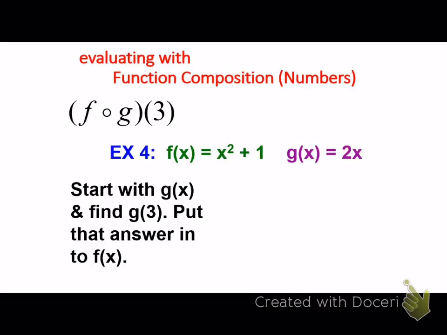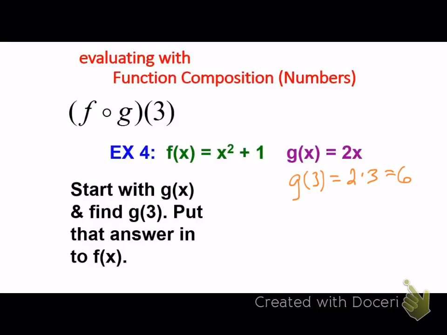So in this case, I'm putting the g into the f. I'm just going to go ahead and do g of 3. So if I do g of 3, that would give me 2 times 3, which is 6. And then remember what we just did in the book?